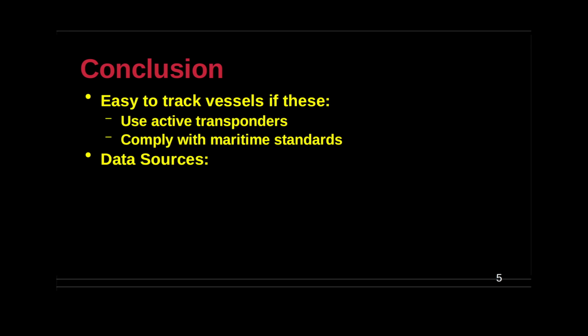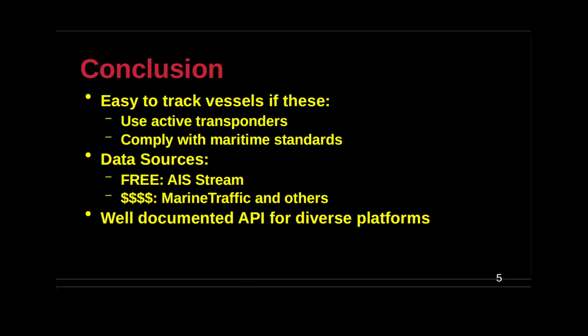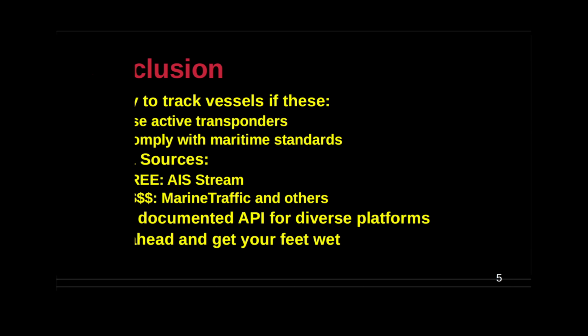There are two types of data: land-based acquisition as sourced by AIS streams with obvious limitations from ship-to-shore communications, and satellite-based monitoring like marine traffic for commercial applications. The API from all these sources appear to be very well documented with examples for multiple environments. Go ahead and try out the ones that you are most comfortable with.